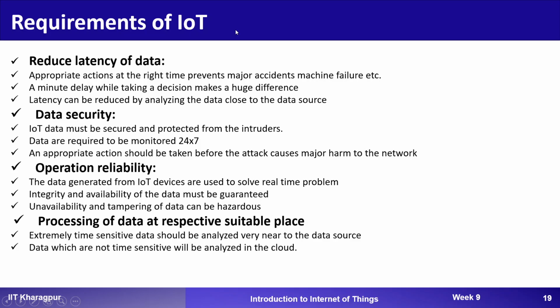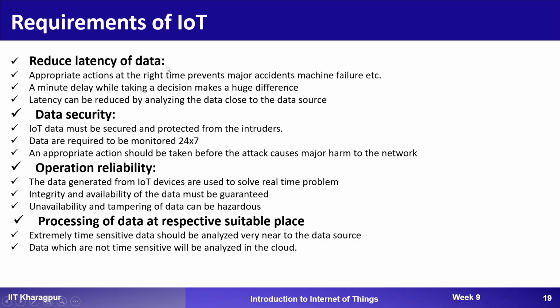There are various applications of IoT which require data in real time in order to prevent various accidents, machine failures, etc. A 1 minute delay while taking decisions makes a huge difference, and sometimes also leads to accidents, hazards, etc. Latency can be reduced by analyzing the data close to your data source.